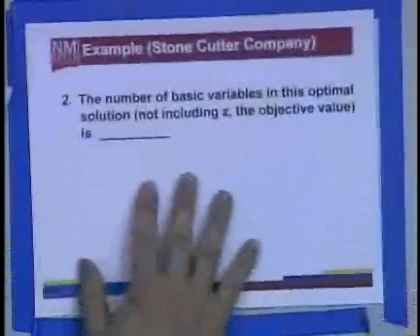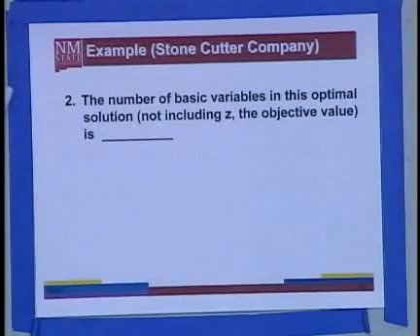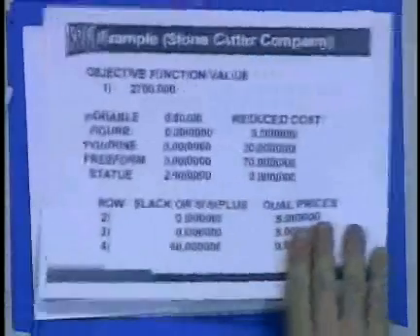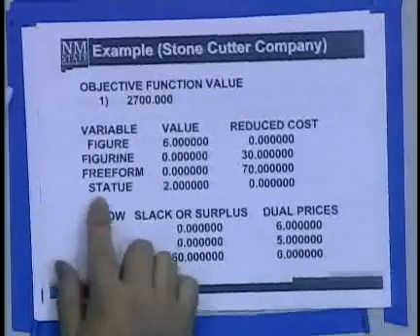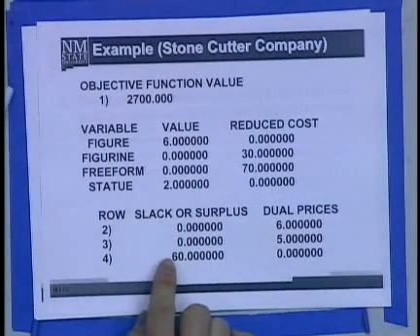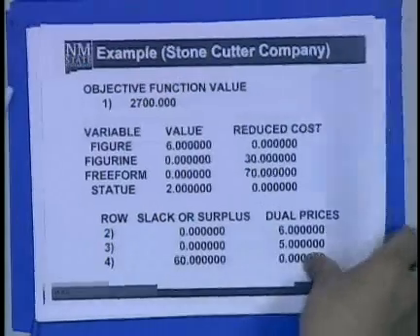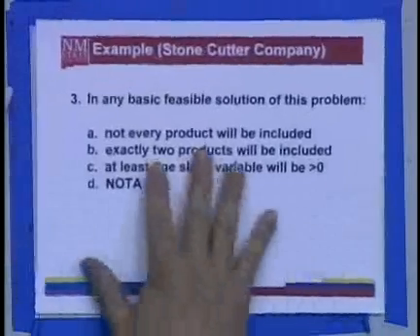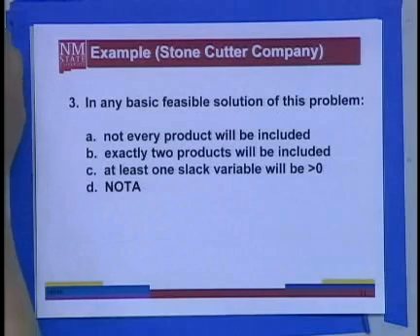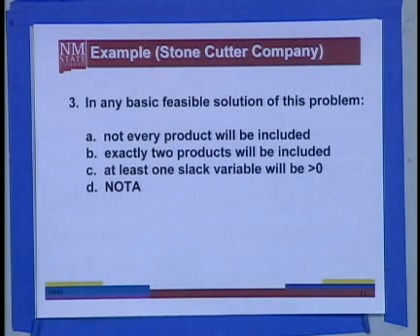What about number 2? The number of basic variables in this optimal solution is 3, right? 1 for each constraint. And again, they are figure, statue, and slack variable number 4. Okay? What about number 3? In any basic feasible solution of this problem, which of the following is correct?